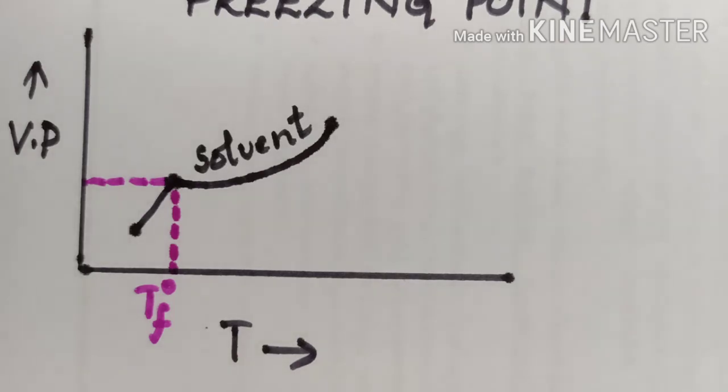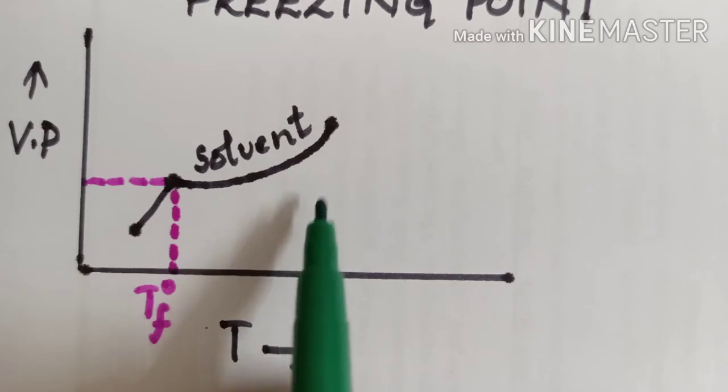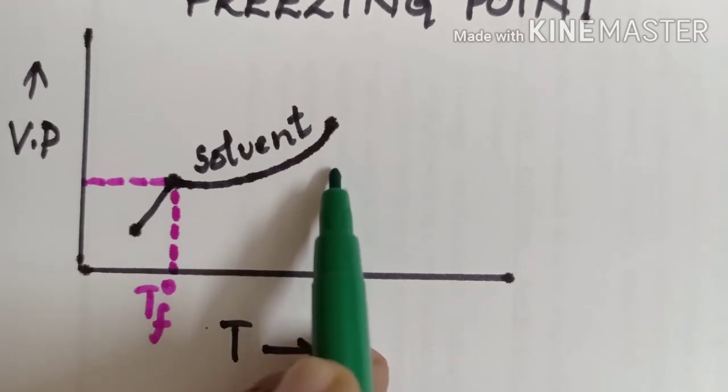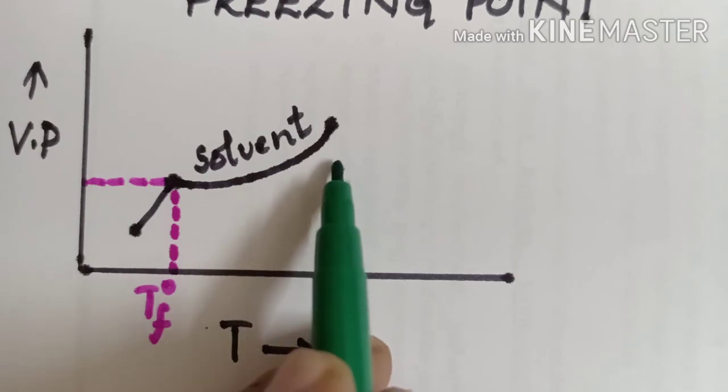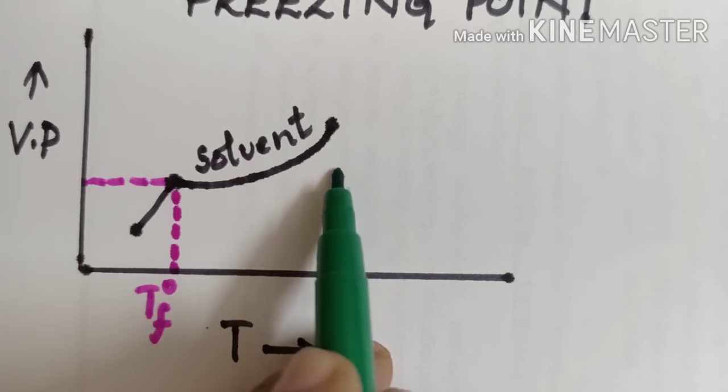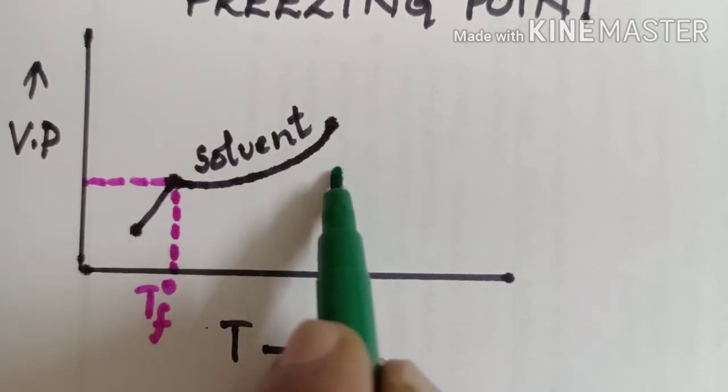We repeat the same experiment with some salt solution. The salt solution will have vapors less than that of the pure solvent, so the vapor pressure of the solution is always less than that of the solvent. On cooling this, you find that vapors condense.